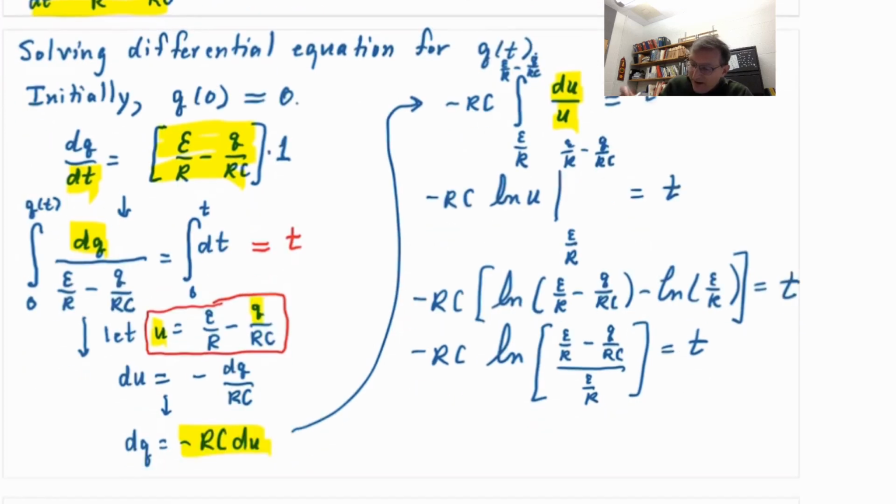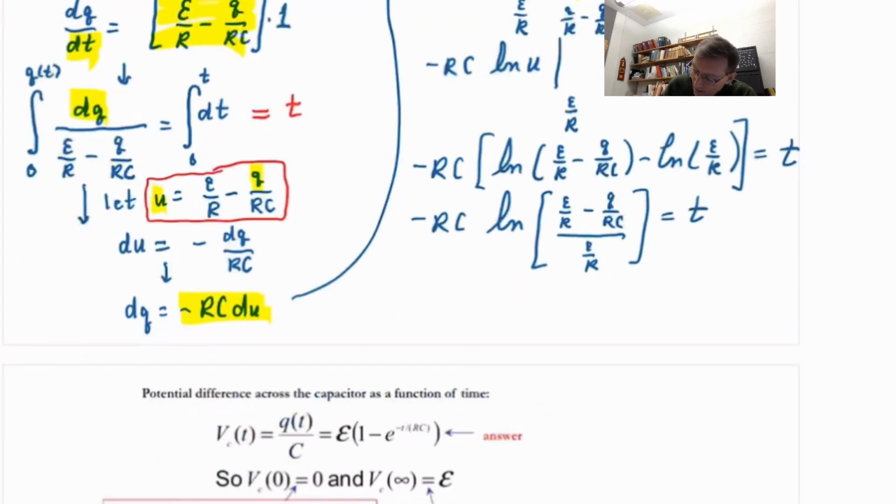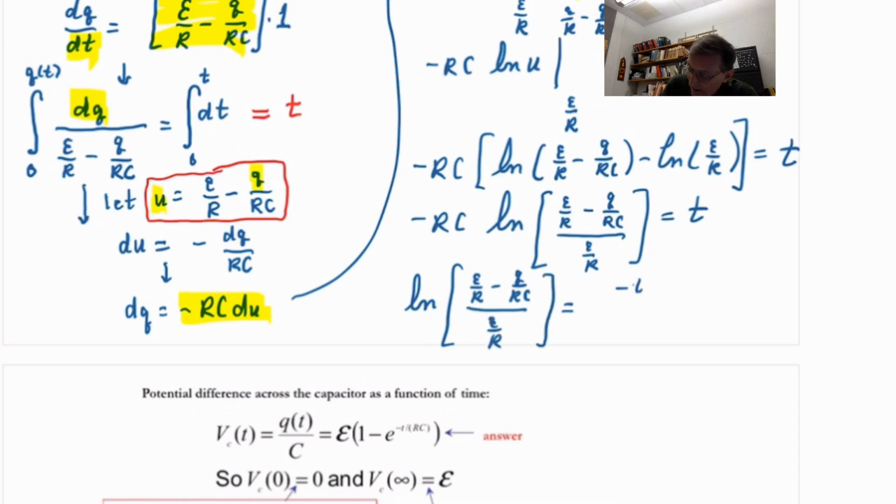Now divide both sides by negative RC, and you get natural logarithm of E over R minus Q over RC all over E over R equals negative t over RC. Remember, the whole point is to solve for Q. There's the thing right buried in there that I'm solving for.